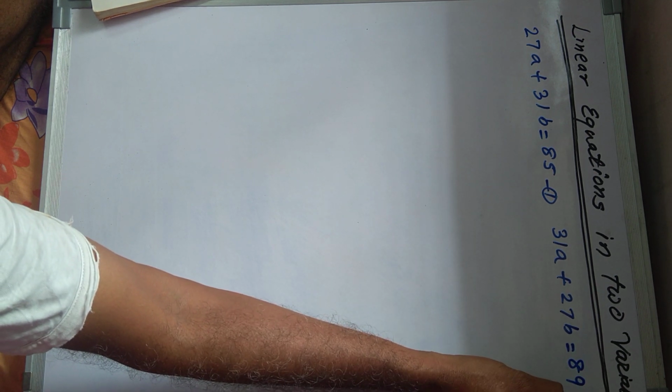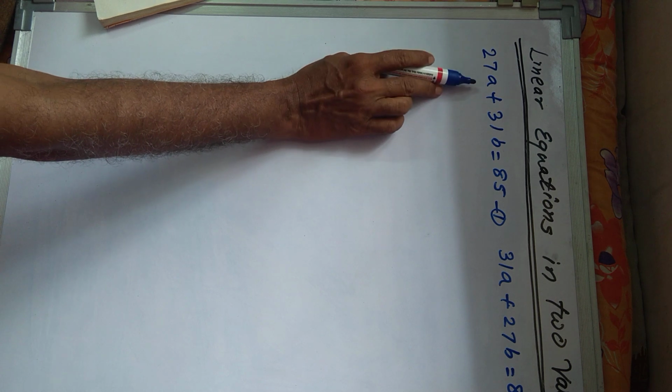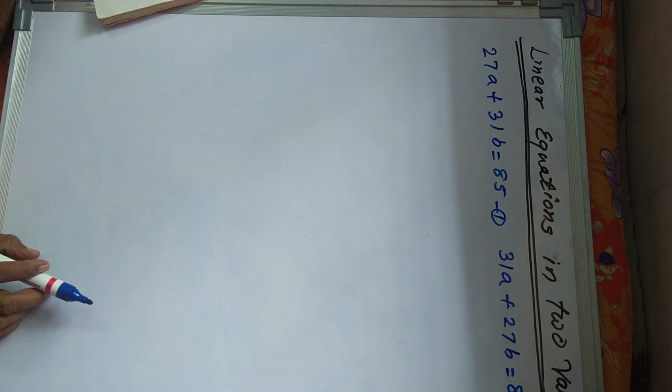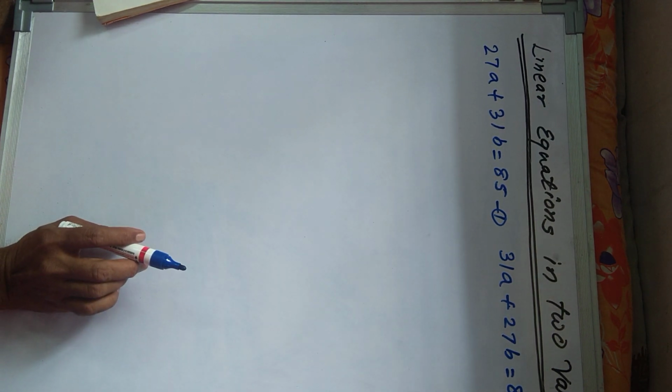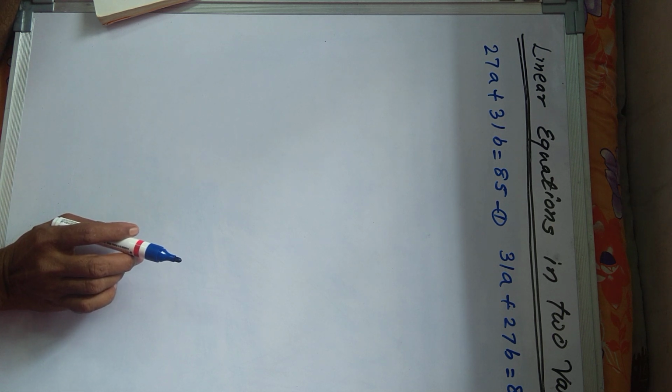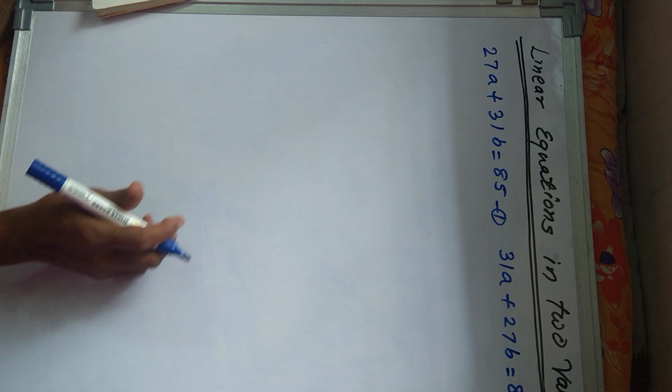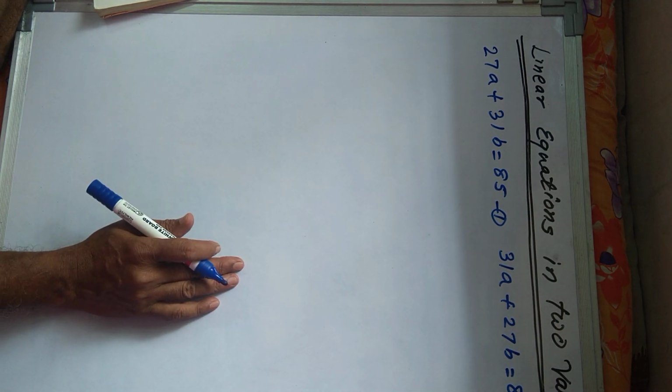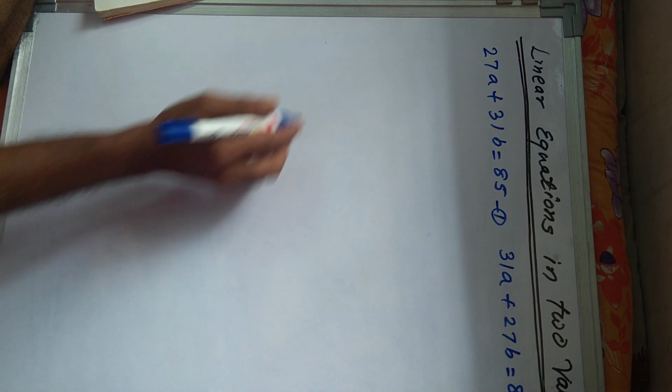That is equation number 2. In these two equations, the coefficients of a and b, the variables, are interchanged. We have to solve these equations. We get two other, easier equations by adding these equations and subtracting these equations.